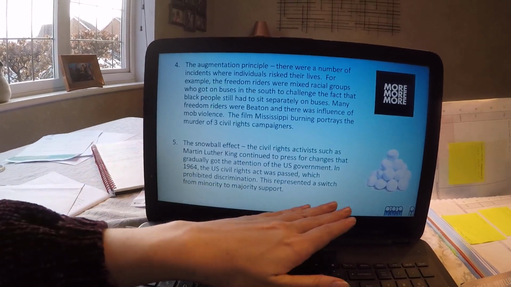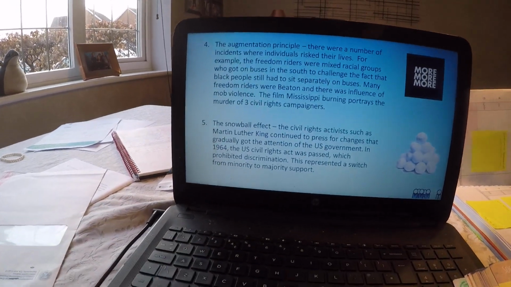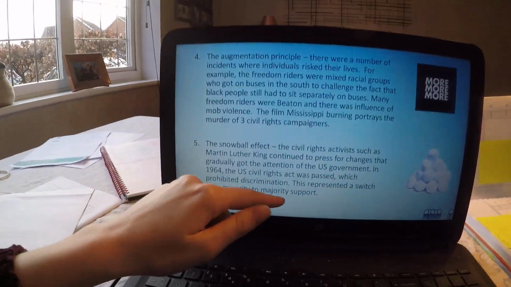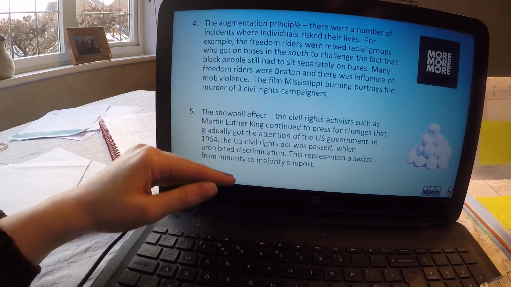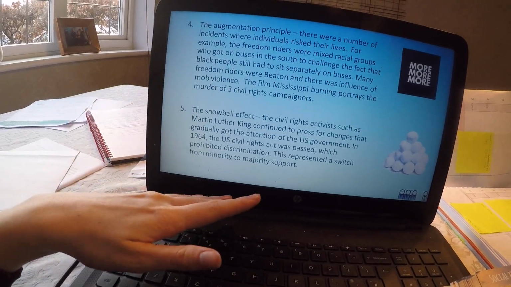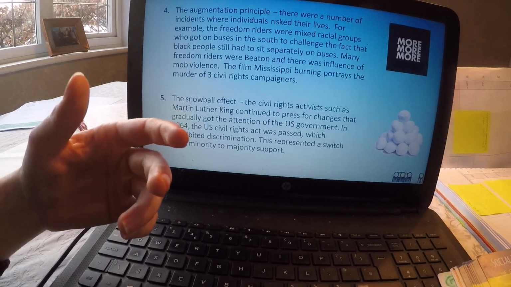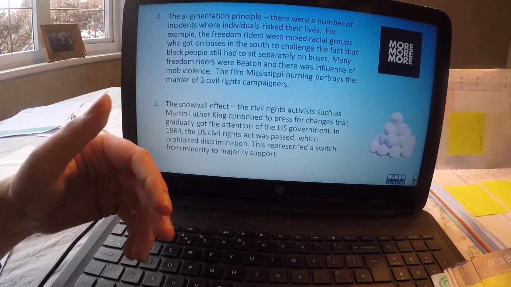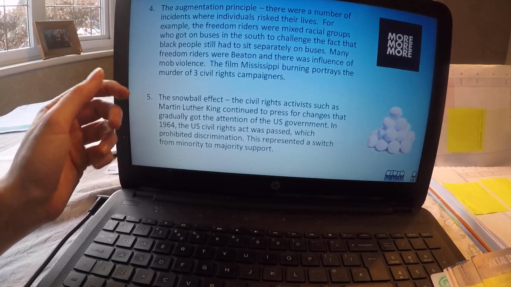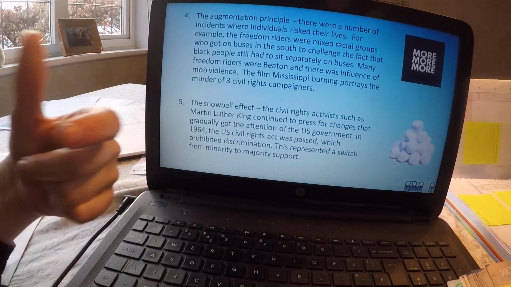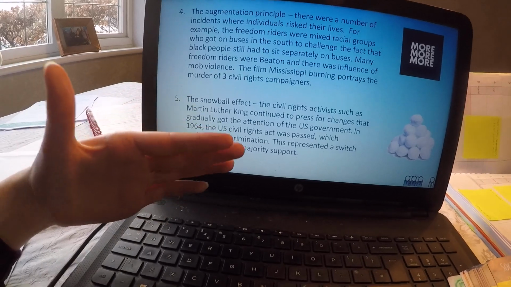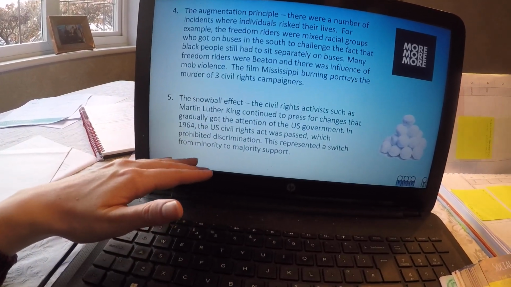And that's how we switch from minority to majority. Now, this is a really crucial time to remember to keep linking back to what the question is going to ask you. Right now we're talking about how minority influence can bring about social change. You need to maybe even say it at the end of every paragraph and just make sure that you're keeping on point.